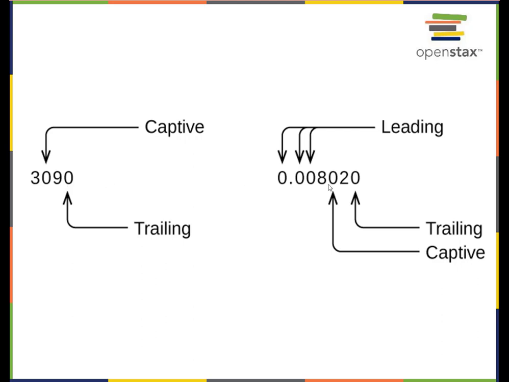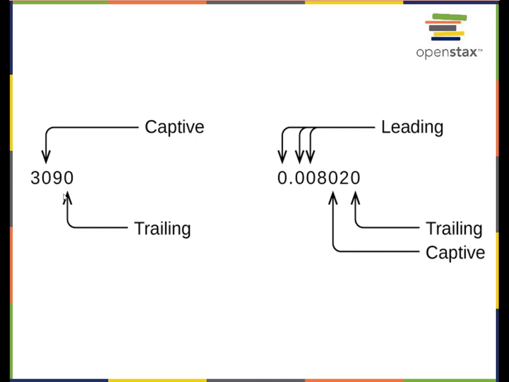When I look at this number over here, it's the same kind of number. It goes non-zero, 0, non-zero, 0, just like this one. So this captive, interior 0 is always significant. It's significant here, between two numbers that are not 0, and it's significant here, between two numbers that are not 0.